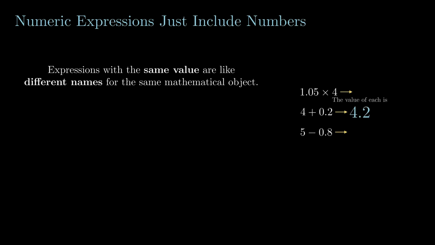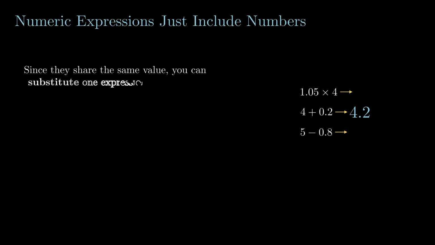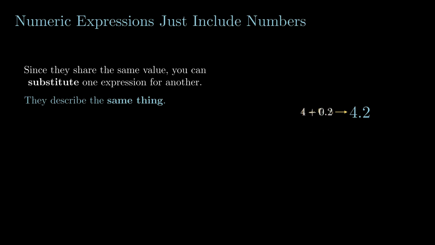All these expressions have the exact same value of 4.2: 1.05 times 4, 4 plus 0.2, and 5 minus 0.8. Because they describe the exact same thing, you can always substitute one for another. If you see 1.05 times 4 somewhere, you can write 4 plus 0.2 instead.